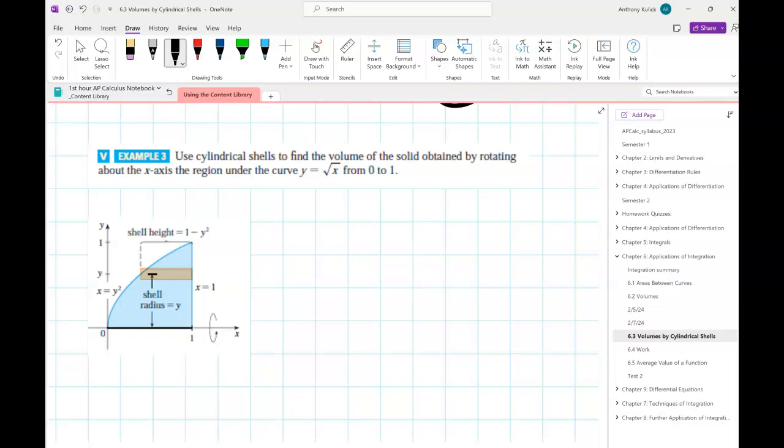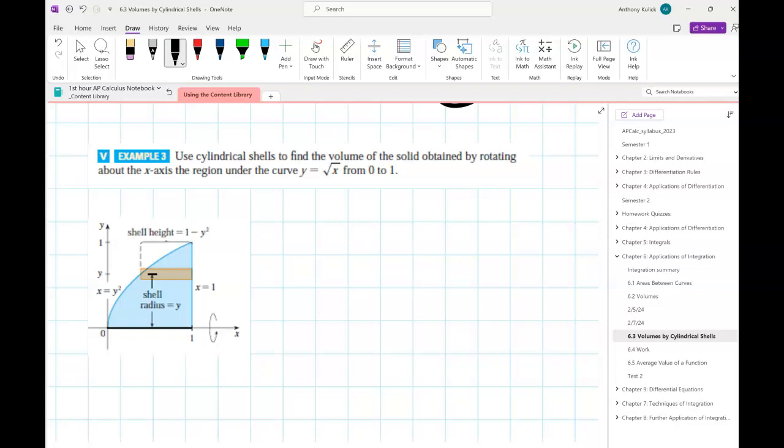All right. So notice here, we're asked to use cylindrical shells to find the volume of the solid by rotating about the x-axis the region under the curve y equals square root of x, from 0 to 1. Notice in the previous problem, when we rotated about the y-axis, we integrated with respect to x. Here we're rotating about the x-axis.